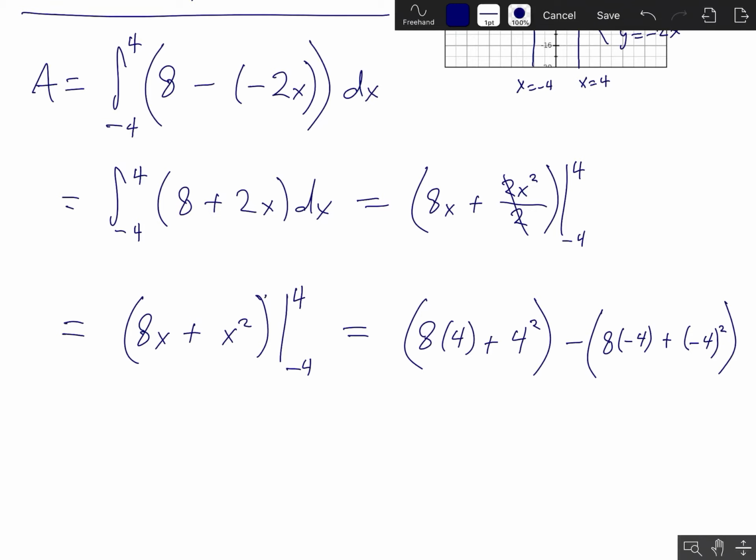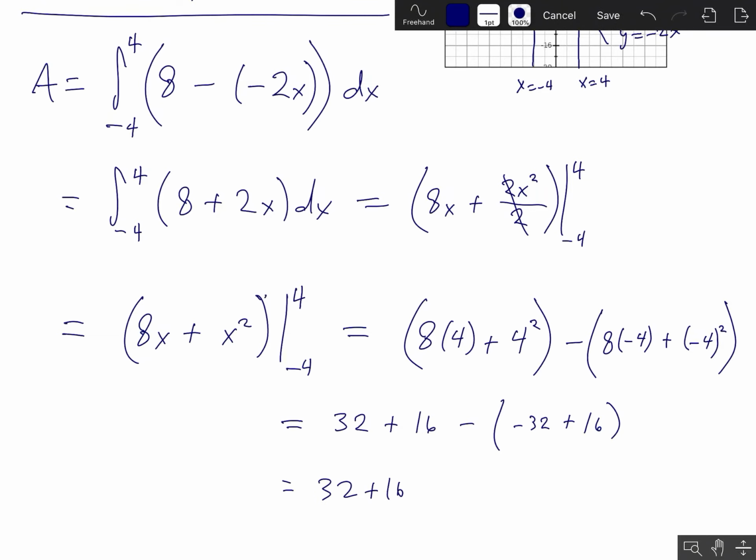We just plug in the upper bound and then subtract what we get when we plug in the lower bound. And now we can clean this up a little bit. So 8 times 4 is 32, plus 4 squared would be 16. And then we'll get minus, on the inside of this set of parentheses, we have 8 times -4, which would be -32, plus -4 squared, which is 16.